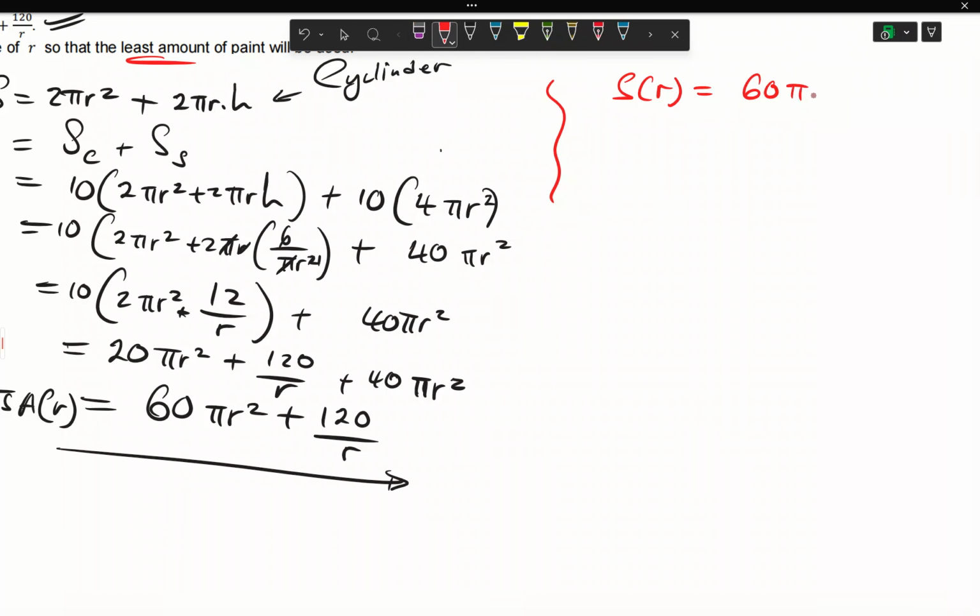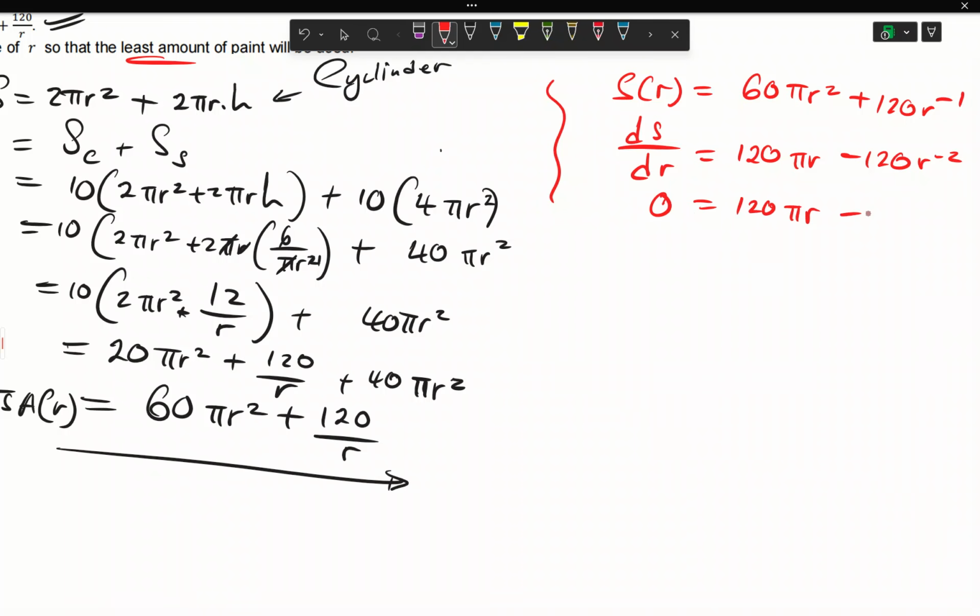So I'm just going to write this in such a way that I can take the derivative. If you take a look at this one here, your r is your independent variable. So take the reciprocal of that, it is 120 r to the minus 1. So now the derivative of the surface area with respect to r is going to be 120 pi r, I'm using the power rule, minus 120 r to the minus 2, and equate this to 0. You know that at the stationary point the gradient is 0. So this is 120 pi r minus 120 over r squared equals 0.